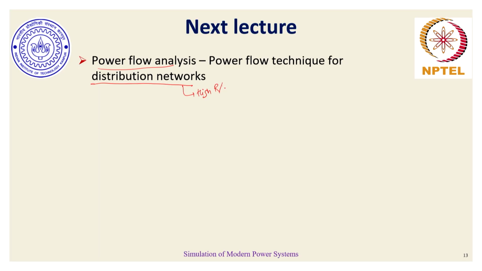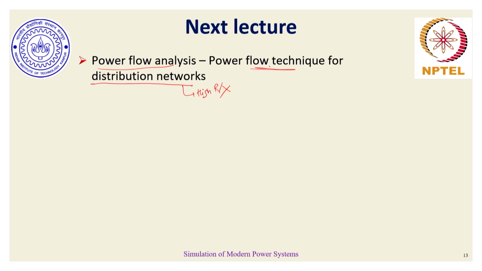The conventional Newton-Raphson and Gauss-Seidel techniques don't work well for very low voltage, highly radial, high R by X networks, because the Jacobian elements in Newton-Raphson tend to become ill-conditioned. The Jacobian matrix tends to become ill-conditioned because the corresponding Y bus tends to become diagonally off dominant, and that's the reason why one has to also learn a technique specifically for distribution network power flow analysis.